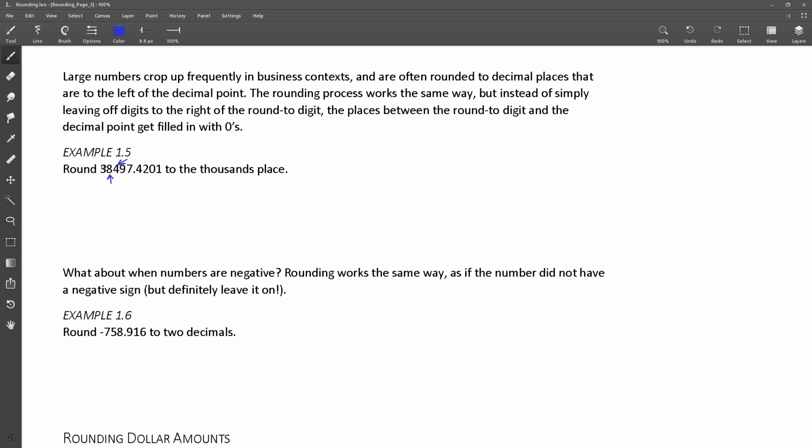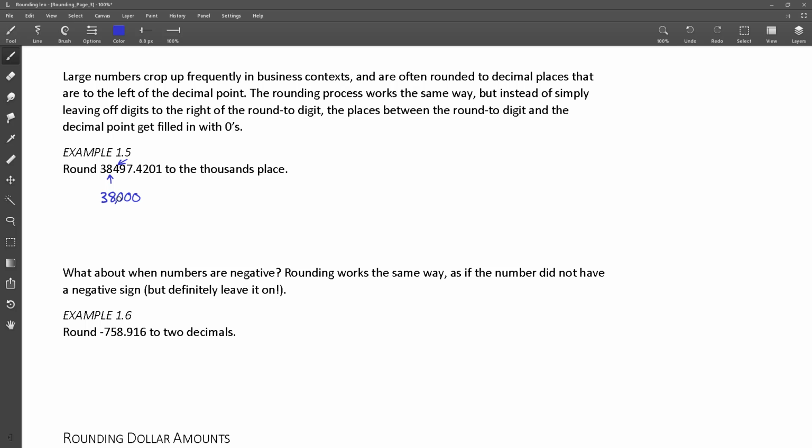So we need to simply leave off everything to the right of the round 2 digit. But in this case, we can't just leave it off because that would be misleading. If we left it off, we'd get 38. In this case, we're going to fill in with zeros between the round 2 digit and the decimal point. So this number could be written just like this, 38,000.